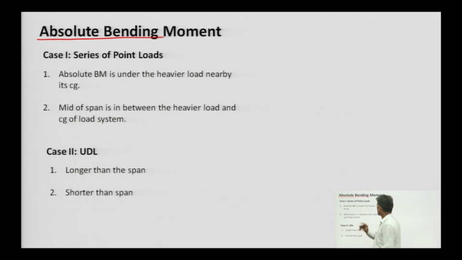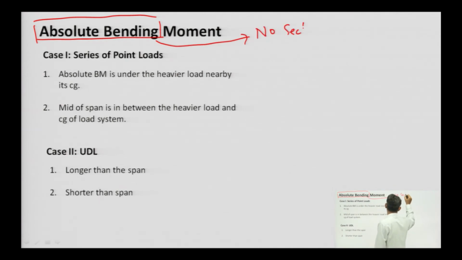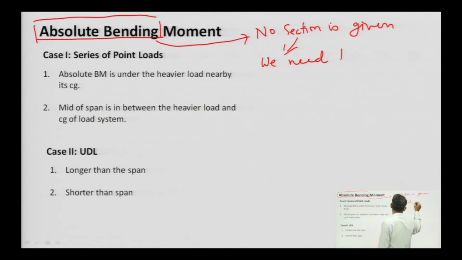Absolute bending moment means no section is given. Okay. No section is given means we need to find the section. We need to find the section which is responsible for the absolute bending moment.